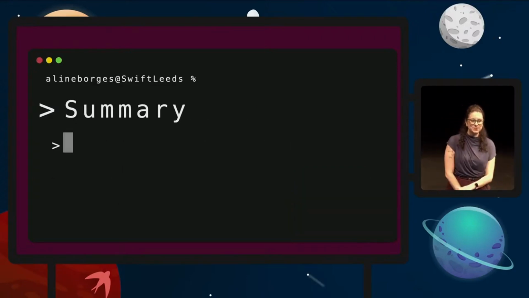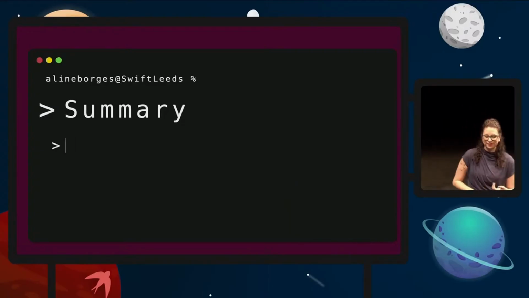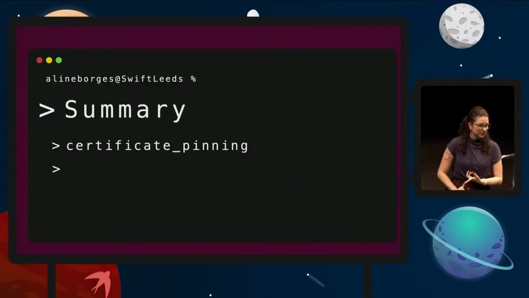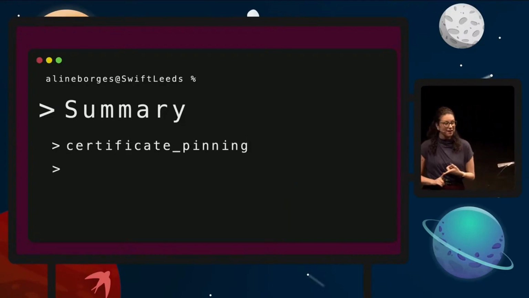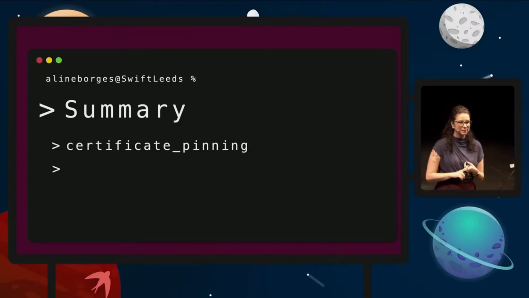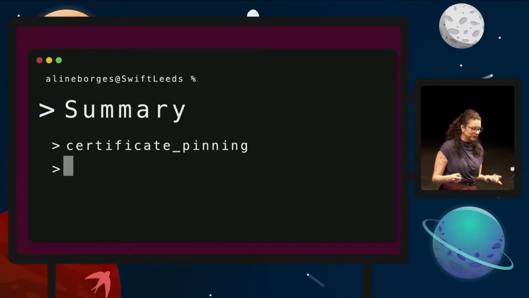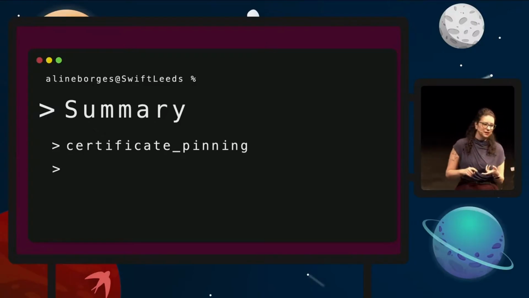All right, so in summary, I talked about certificate pinning, which tries to avoid the person-in-the-middle attack, where someone can steal information using only the network. This usually happens on open Wi-Fi, like in hotels and cafes.